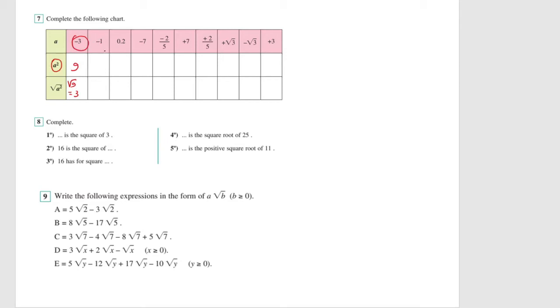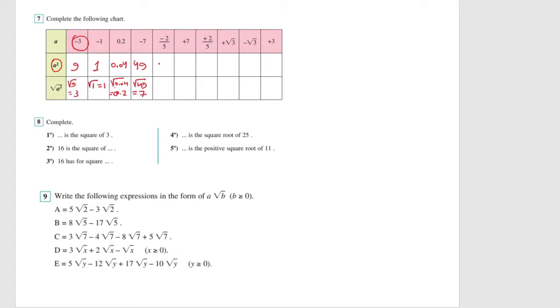Negative 1 squared becomes 1, radical 1 equals 1. 0.2 when I square it becomes 0.04. Radical A squared means radical 0.04 equals 0.2 again. Negative 7 when I square it becomes 49, radical 49 equals 7.